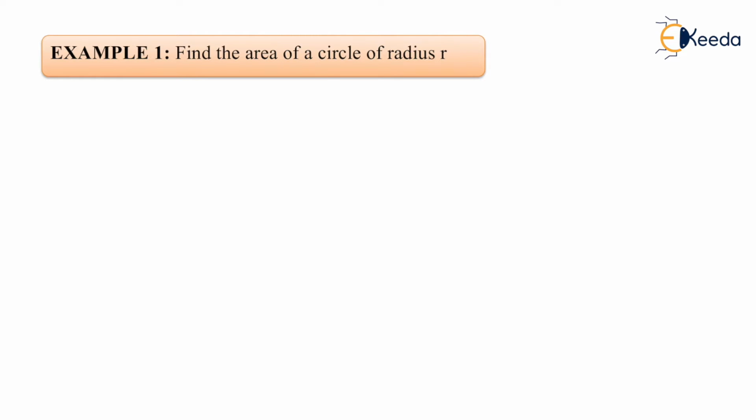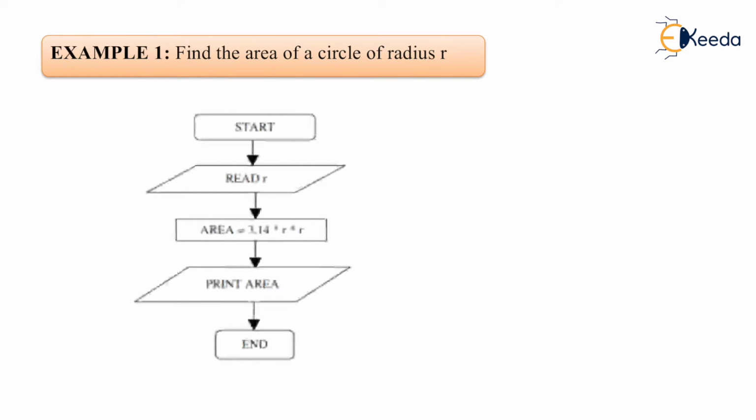Example: find the area of a circle with radius r. So this is a flowchart to find the area of a circle. How can we find it? First, we have drawn the oval shape. With the help of that, we are saying we are starting your flowchart.